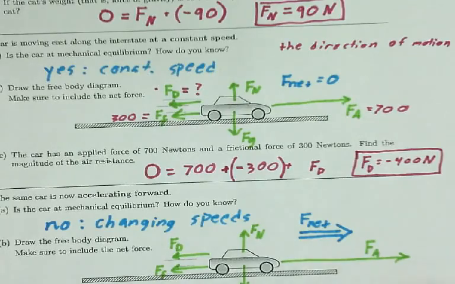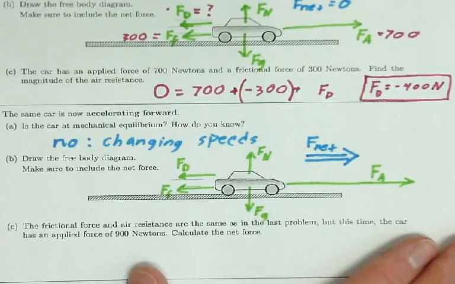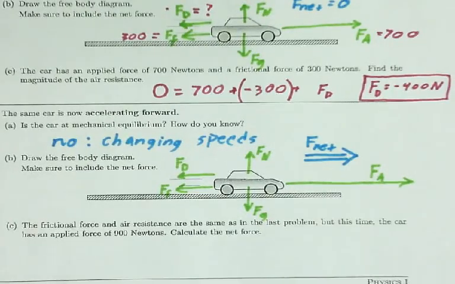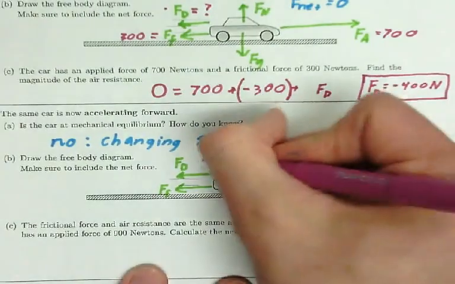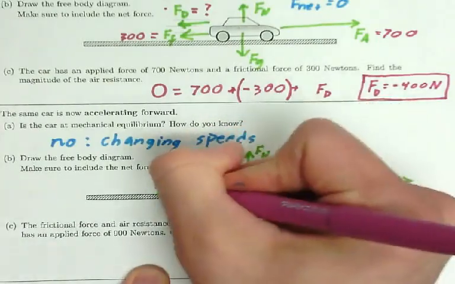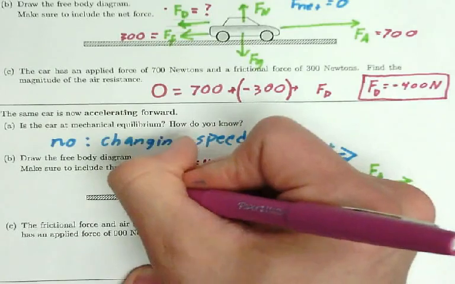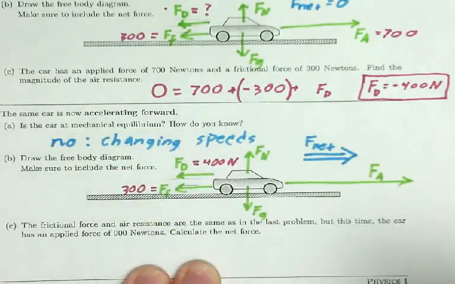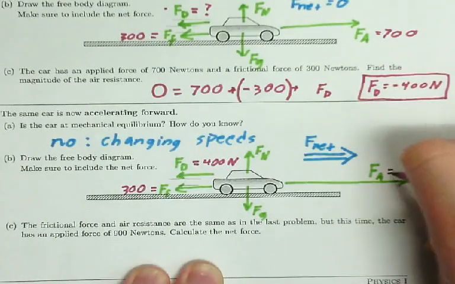One more. Okay, C. The frictional force and the air resistance are the same as the last problem. So drag is 400. Friction is 300. The applied force, however, is 900.